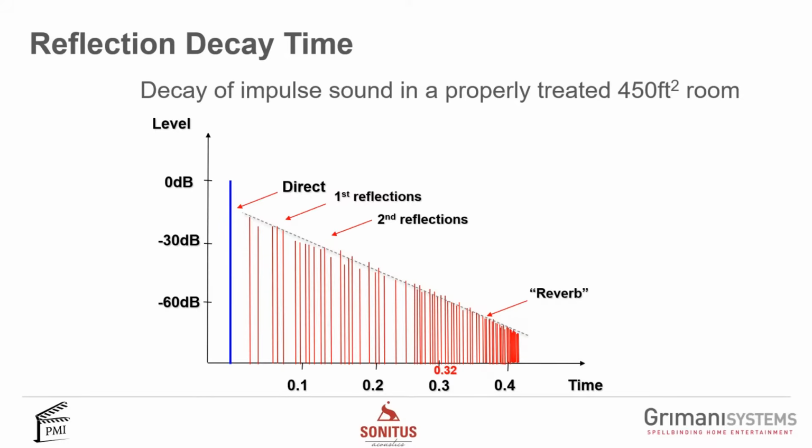And if the room was 450 square feet, which is about 24, 25 feet long, 18 to 19 feet wide, you would want the decay time, the time it takes for that energy to go down 60 dB, to be about 0.32 seconds. Okay, that's a kind of a good target.